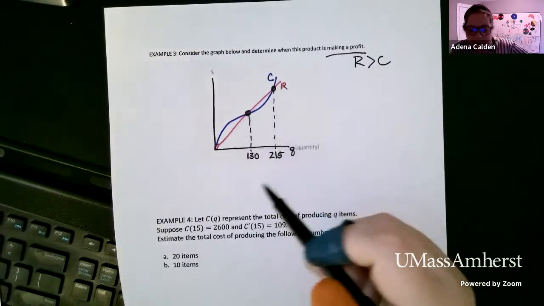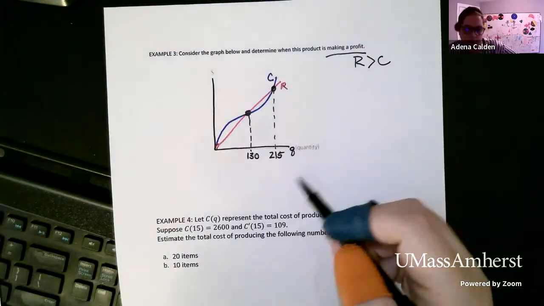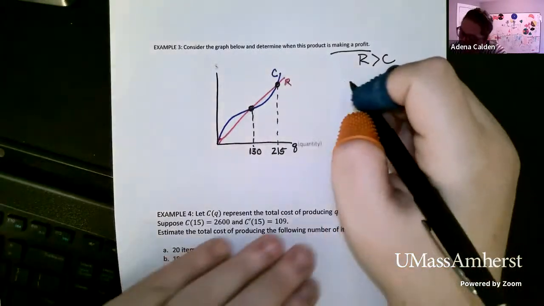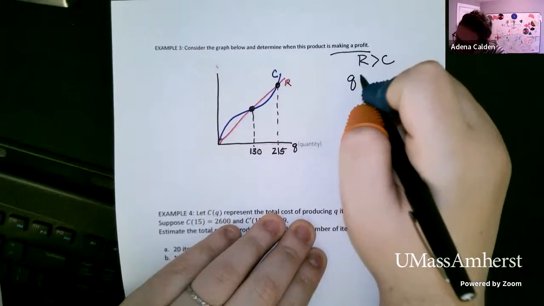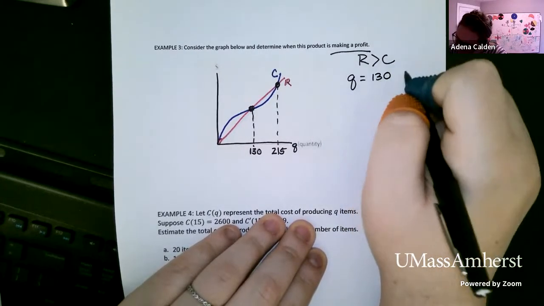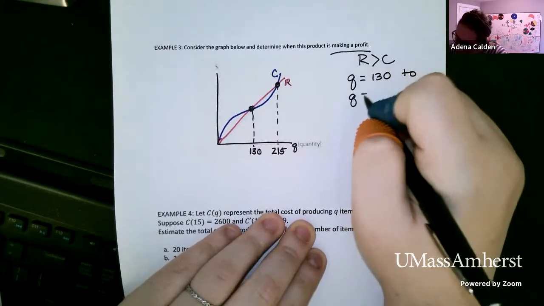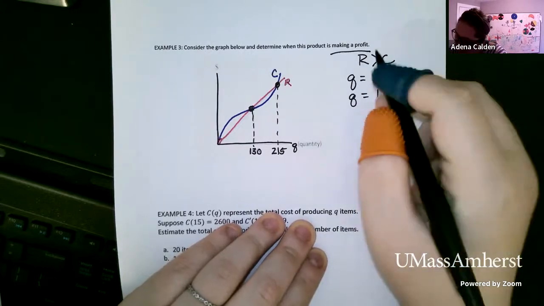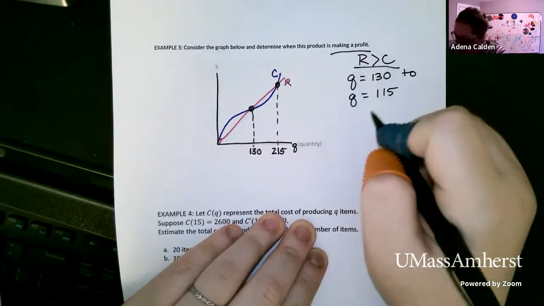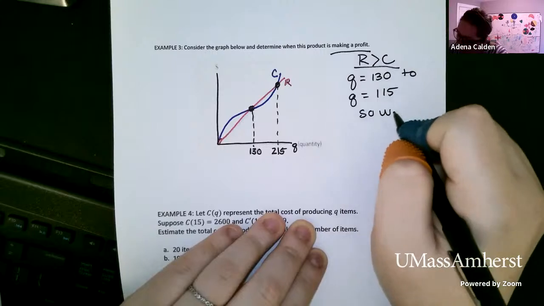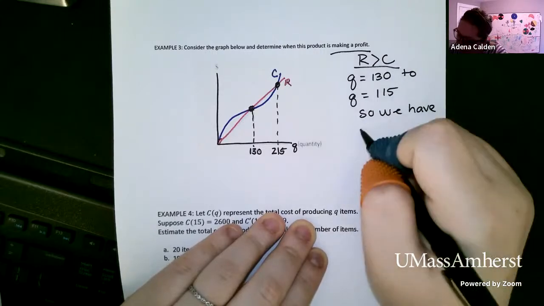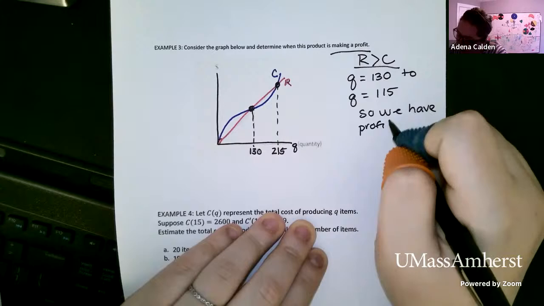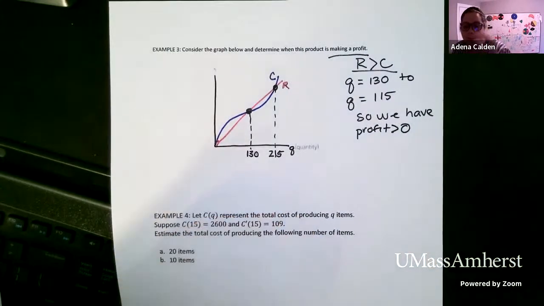So we can see that that's happening from 130 to 215, that we're going to have a profit. Q equals 130 to Q equals 215. Revenue is greater than cost. So we have profit greater than 0. Okay.